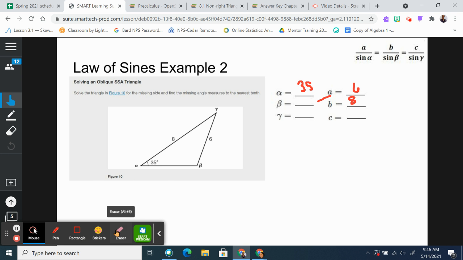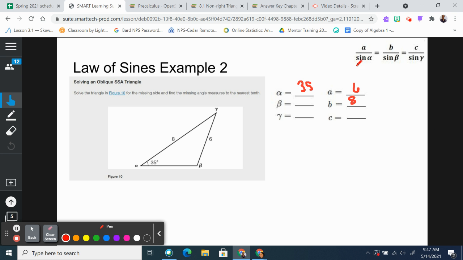So let me just get my eraser here, making it messy. I only have one angle, so I can't use the sum of my angles is equal to 180 degrees step right now. But what I can do is set up ratios and solve for beta. So I'm going to set up my first ratio.